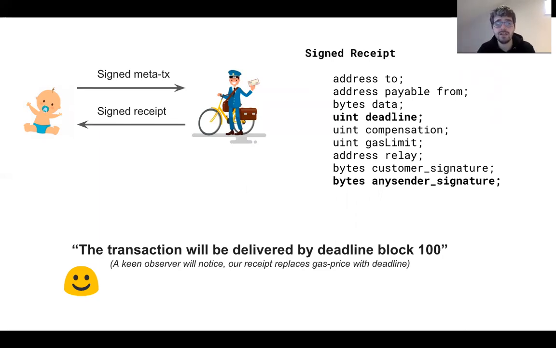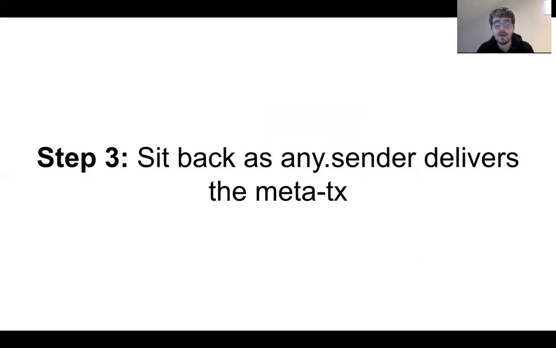So we just guarantee that it will get delivered to the blockchain by this final deadline. And actually, as a keen observer, you'll notice our receipt says nothing about the gas price. Because the user no longer sets the gas price, they give us a transaction, and it's up to us to keep upping the fee until it gets in. So the user can sit back and let our API, the any.sender service, simply deliver that meta transaction.